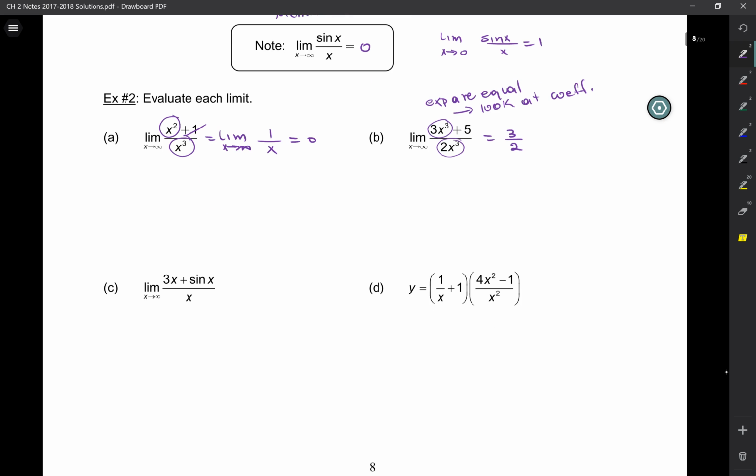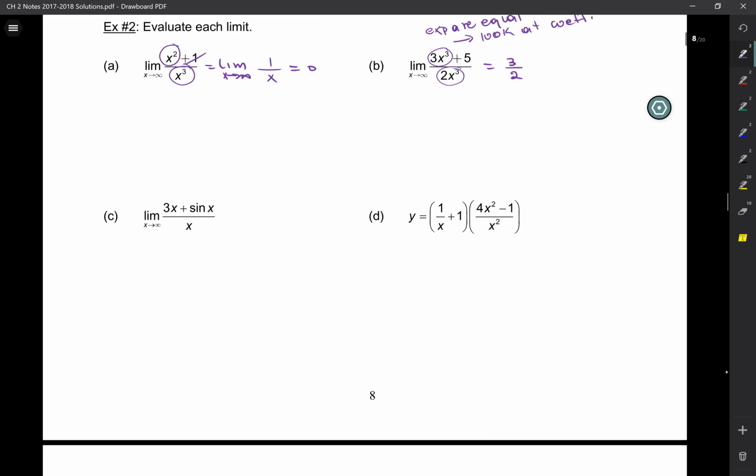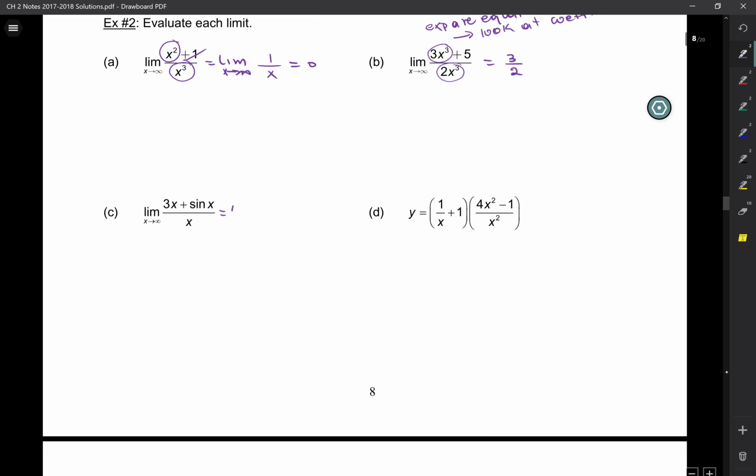Now, this one is a little bit different, so we have to do a little bit of math here. This is the limit as x approaches infinity. It's always a good idea when you have multiple terms on top and one term on the bottom to split up the fraction so you have a denominator for each term. So this is going to be 3x over x plus the limit as x approaches infinity of sine of x over x.